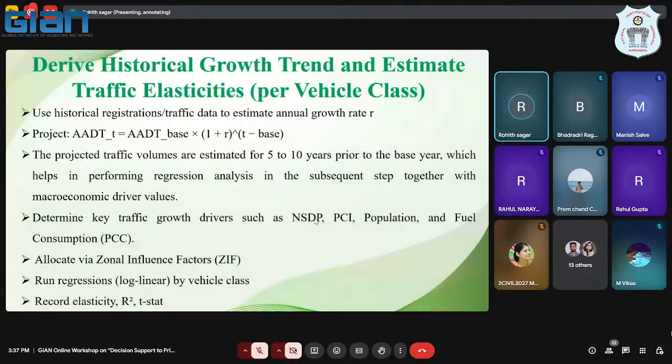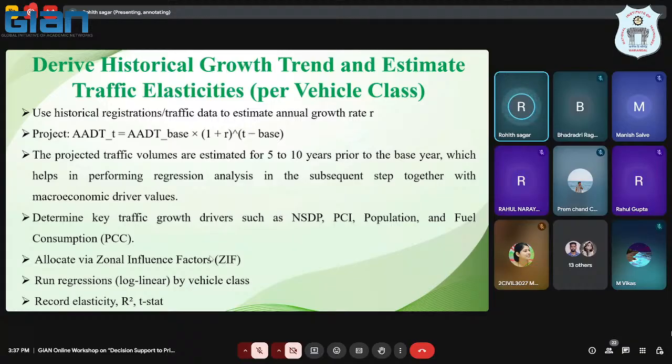So with that data and with the traffic data that we have back calculated for earlier years, with both of the data we will run regressions, that is using log linear regression. These will be done for different vehicle classes, like for car this will be different, for trucks this will be different, and for buses this will be different.